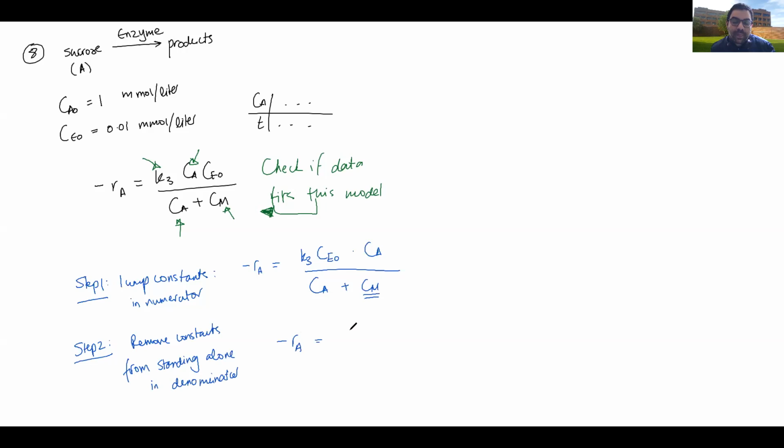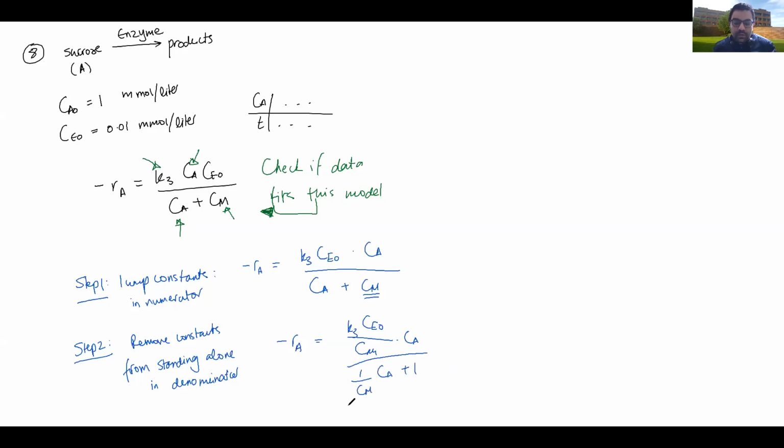I'm going to get K3 CE naught divided by CM, multiplied by CA, divided by 1 over CM times CA plus 1.